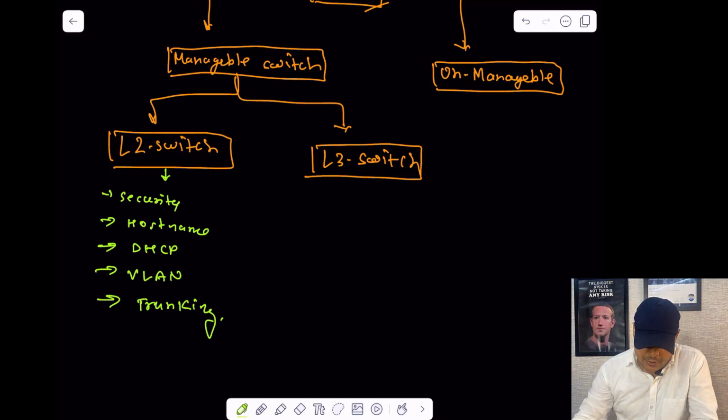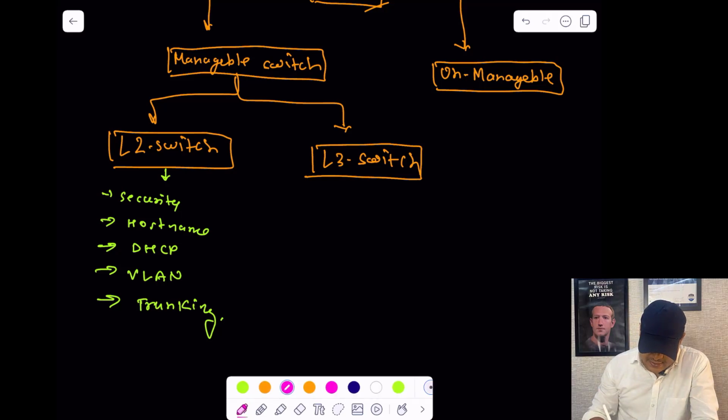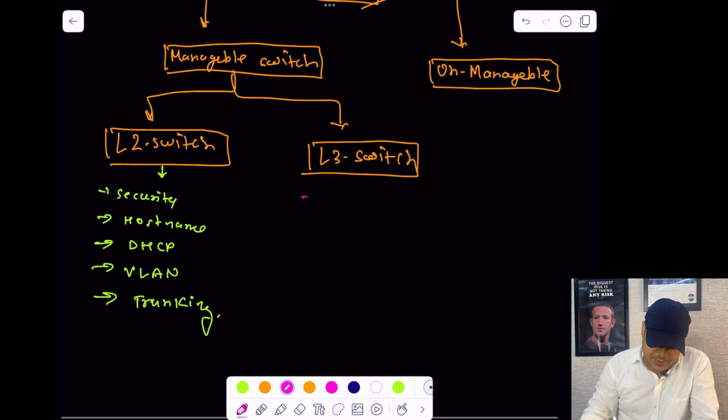But if we talk about the L3 switch, yes, all these features are contained in the L3 switch. So what additional features are we able to find in an L3 switch? Basically, an L3 switch contains RIP version 2 and the OSPF protocol.